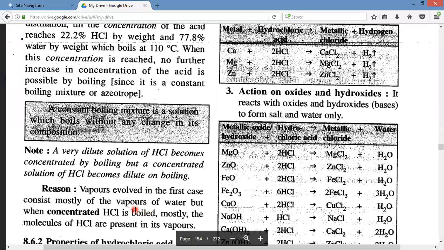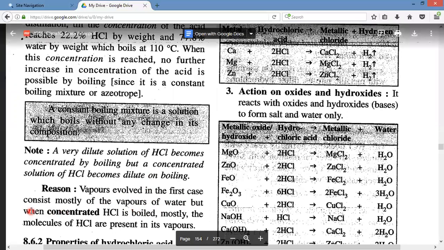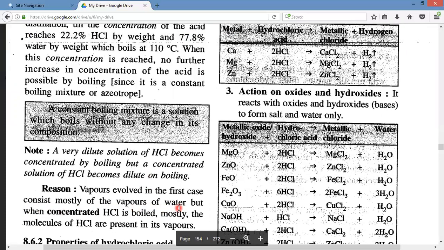What is happening here? The vapors which are evolved in the first case consist mostly of the vapors of water. It means when we are boiling the dilute solution of HCl, the water is going out, then the concentration increases.